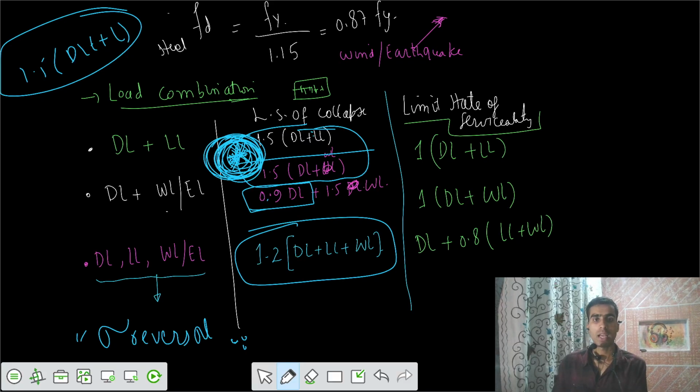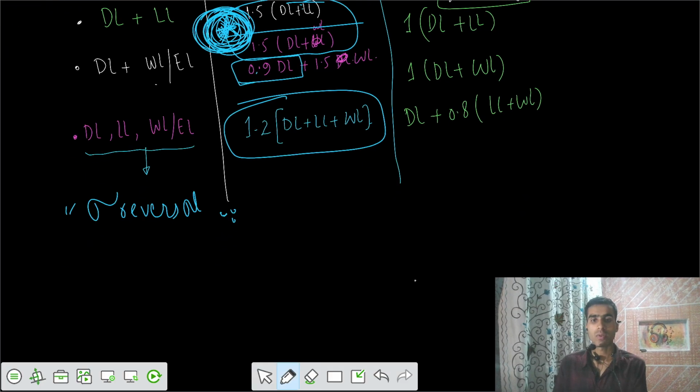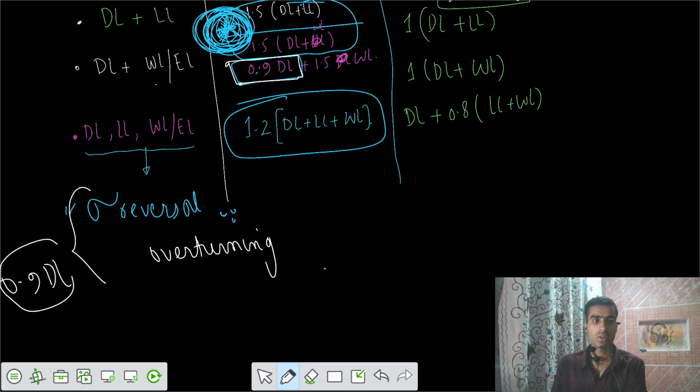Based on this, we also have to ensure against overturning, which can be possible for those structures. So we apply 0.9 dead load at that time. The 0.9 dead load is used when there is a possibility of stress reversal and overturning of the structure.